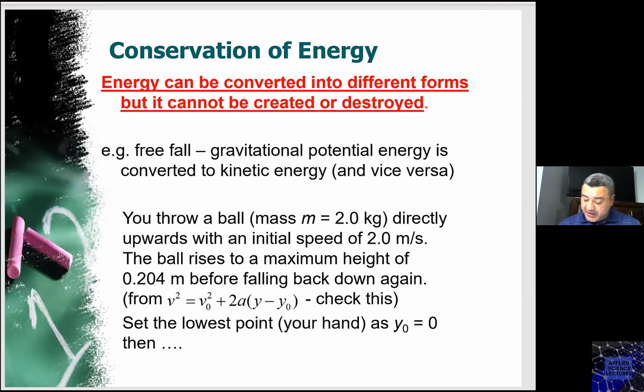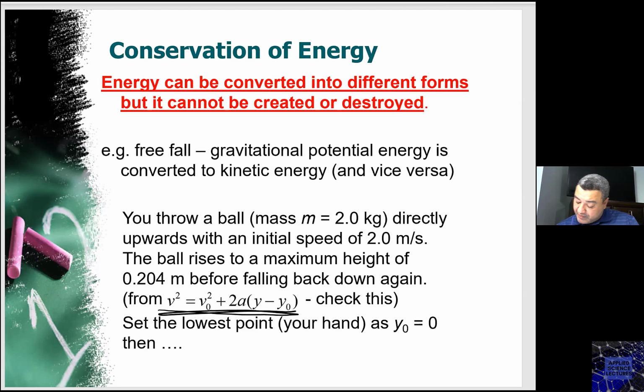Now let's look at this example. In this example, we have a ball that has a mass of 2 kilograms thrown directly upwards with an initial speed of 2 meters per second. The ball rises to a maximum height of 0.204 meter before falling back down again. Observe this.